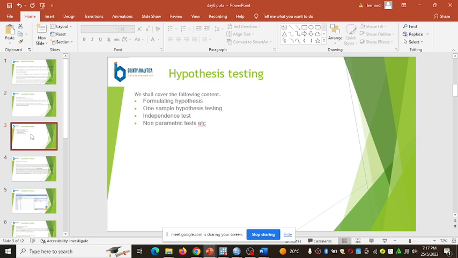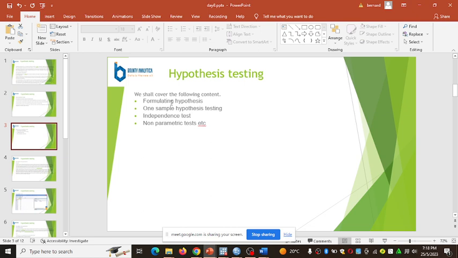Okay, I will just mention the process of formulating hypothesis. I did document these on this document. Then from there, we will do these other two practically using the software, because these are just theories for formulating the hypothesis.